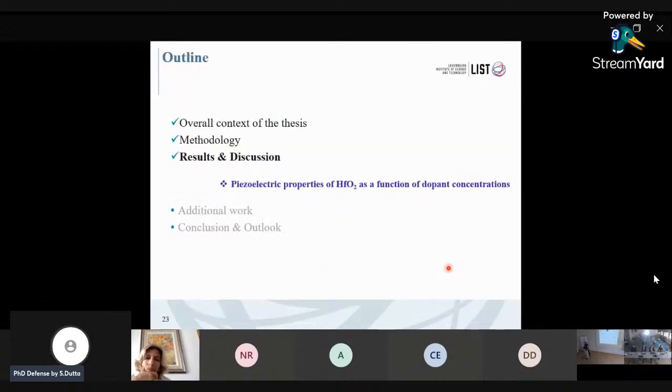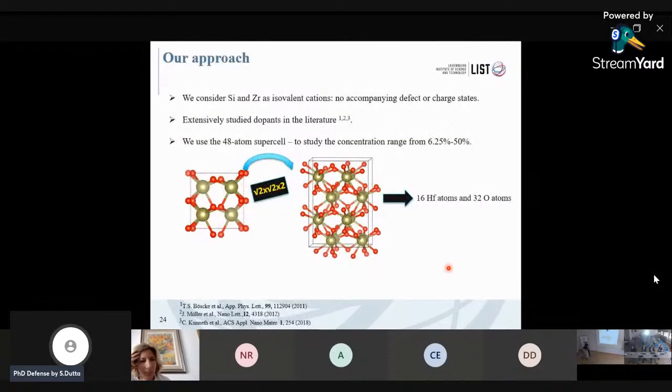Okay, with this, let me focus first on the results and discussion. The first one I will talk about is the piezoelectric properties of hafnia as a function of dopant concentration. To study that, we initially had to choose some dopants, and here we chose silicon and zirconium because they are isovalent and have the same valency as hafnium.